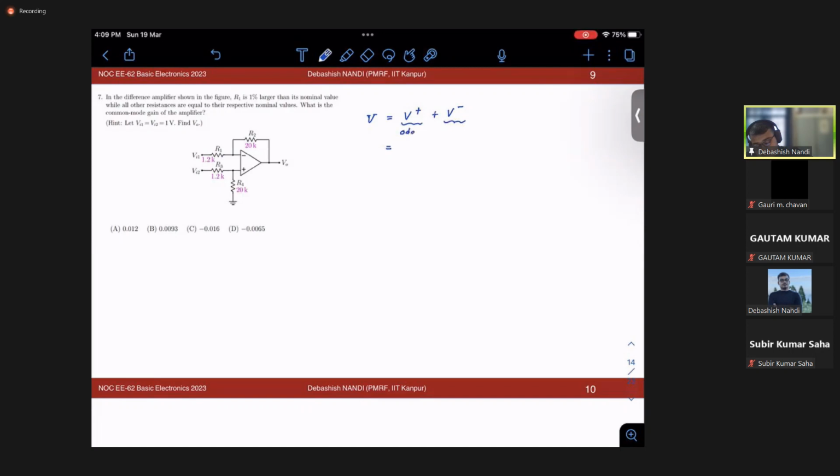So it will have, let's say, V common plus V difference by 2, plus V common minus V difference by 2.